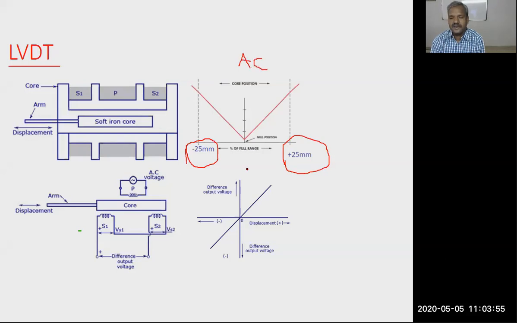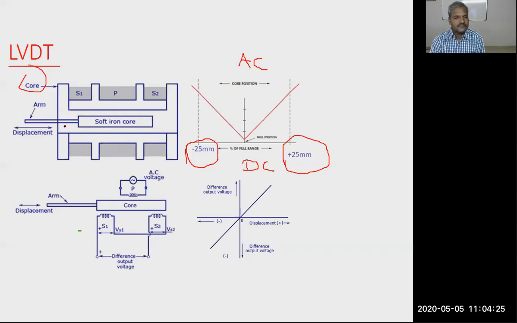This is the DC characteristics. This is the signal conditioned DC output from the inductive transducer, that is LVDT. The LVDT basically consists of the important component: the core, a movable soft iron core.